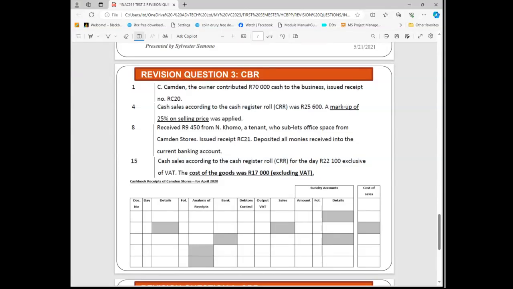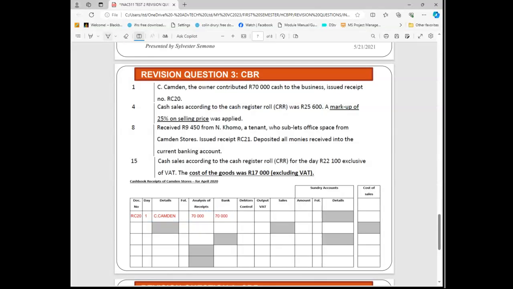So it will be document number RC20 on the first, and then it's capital of 70,000. Can I go to the bank? Yes, because they said all amounts go to the bank.